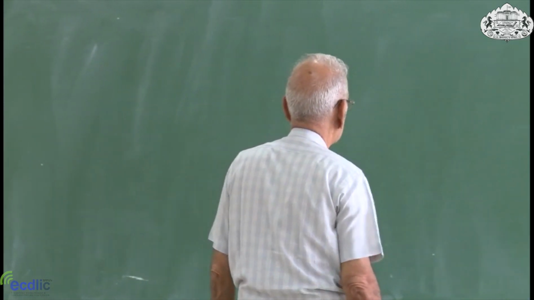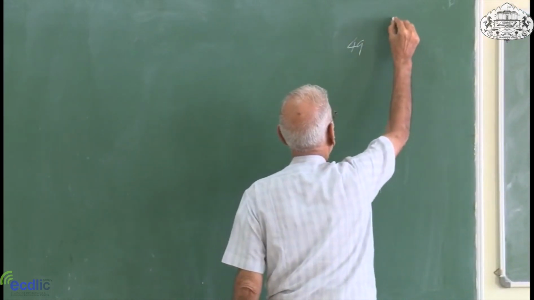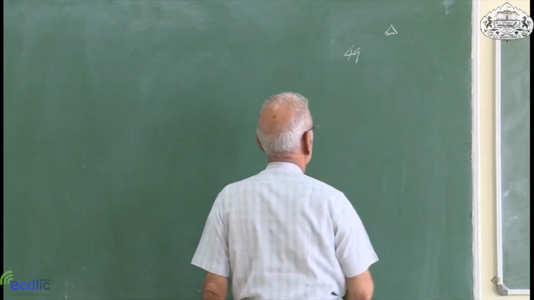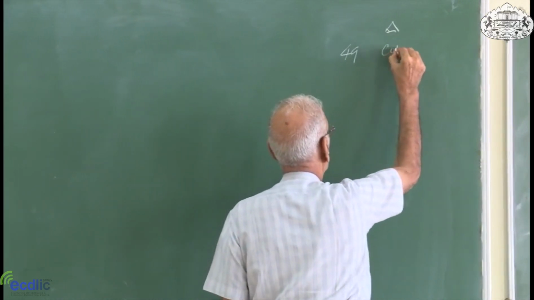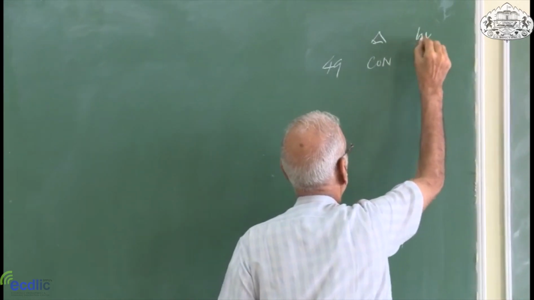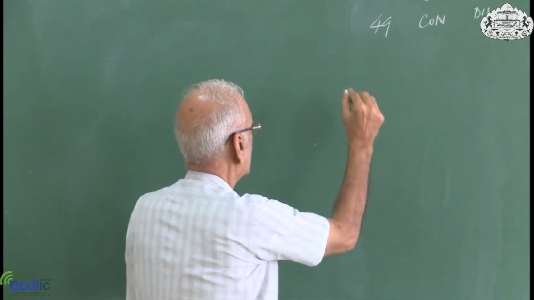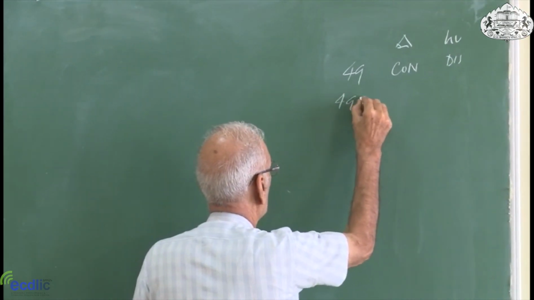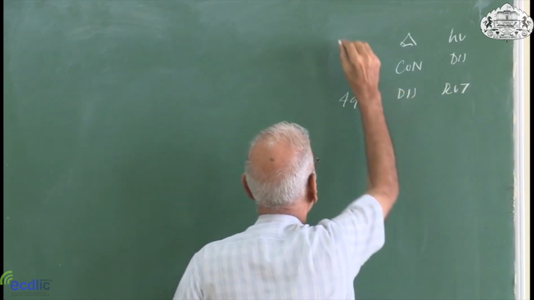Then we had said that from many experiments involving 4q electrons, the thermal reaction is conrotatory, the photochemical reaction is disrotatory. And when it involves 4q plus 2, the picture is just the opposite.